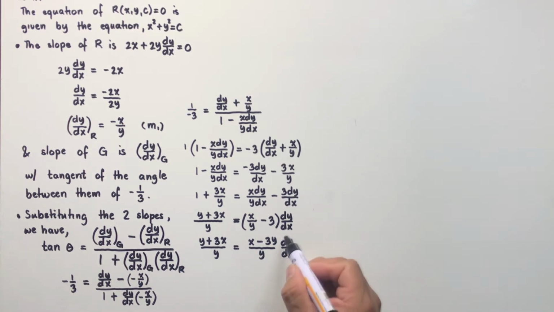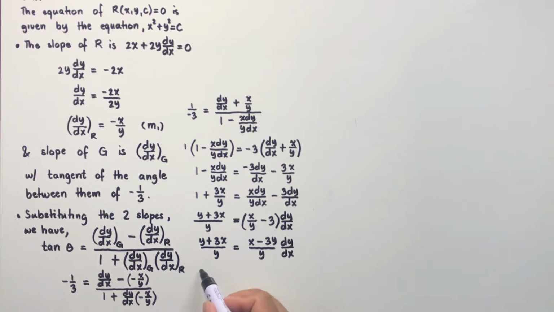Then solving for dy/dx, this is (y plus 3x) over y divided by (x minus 3y) over y, which is the value of dy/dx here.